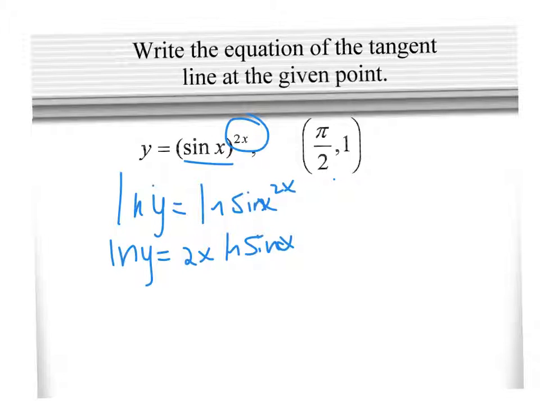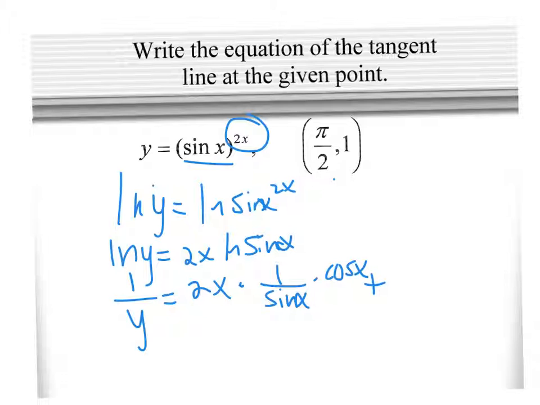So then you take the derivative, which is 1 over y times, product rule again. So first, times the derivative of the second, so 1 over sine x times the derivative of sine of x, which is cosine of x, plus 2, because that's the derivative of the first, times the second, which is ln of sine of x. Okay, then from there, oops, I forgot our 1 over y dy dx.